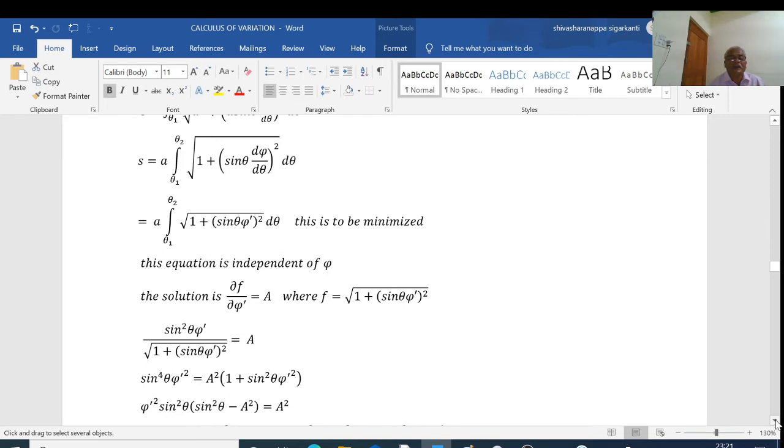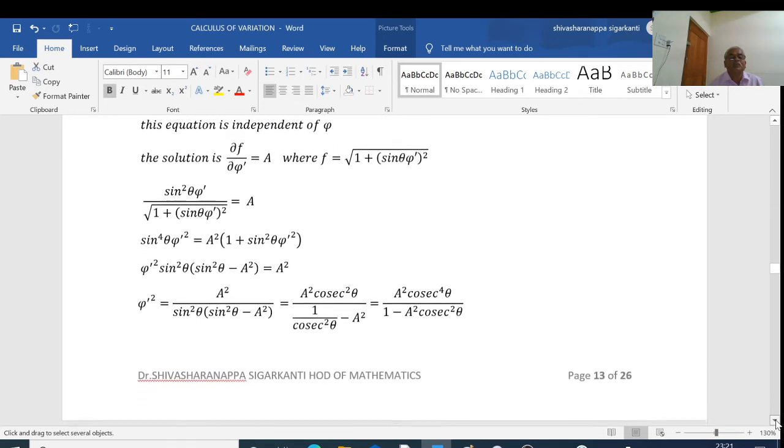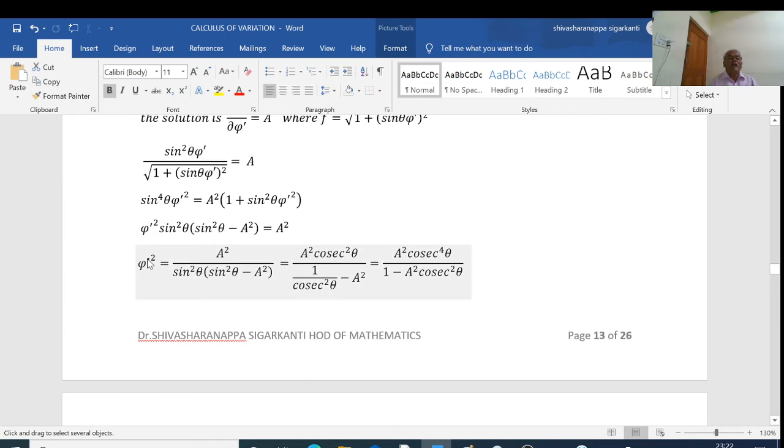Okay, then we write phi dash square equal to a square divided by this quantity sin square theta into sin square theta minus a square. I will write this as a square. Okay, and writing this in the numerator, this will be cosecant square theta, and this bracket 1 by cosecant square theta minus a square. This is equal to a square cosecant square theta.